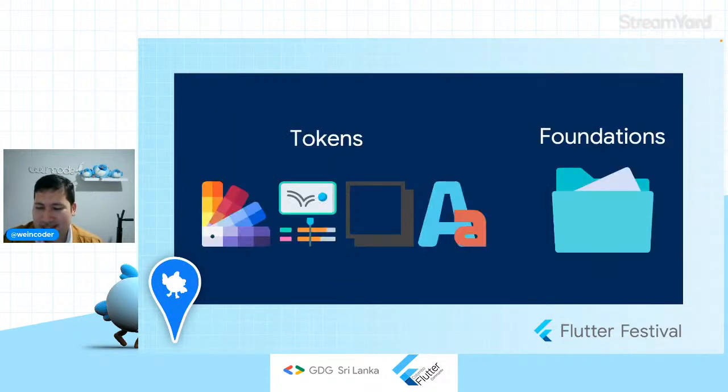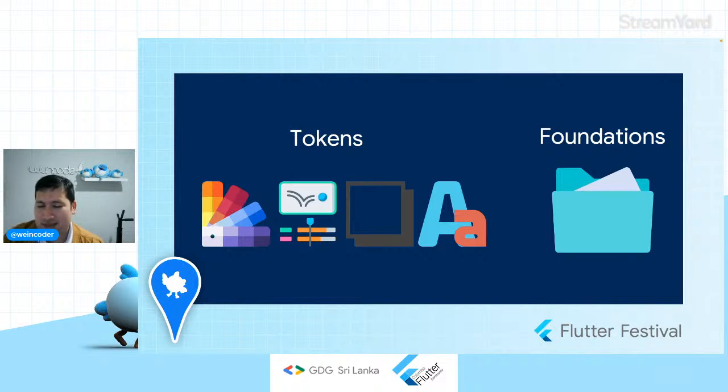But we still had a problem. How could we make the colors, shadows, animations, fonts, and iconographies used along the whole project standard? Well, we built two new layers, the tokens layer and the foundation layer. In the tokens layer, you can find the colors, the animations, the shadows, and the typographies.